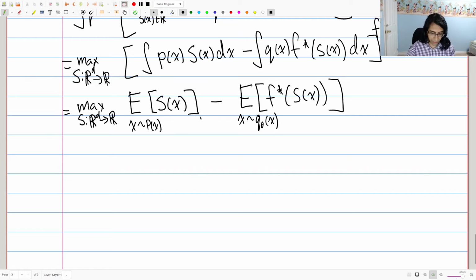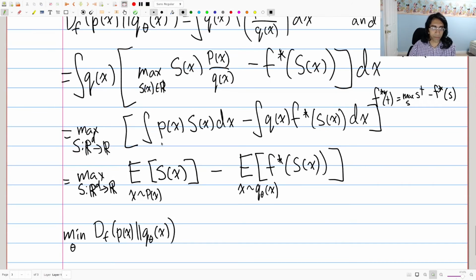So let me try to write this. Let's take a step back and look again at our optimization problem. We are really trying to find the parameter vector theta which makes these two densities as close to each other as possible, while using the derivation we did here, where we took the Fenchel conjugate of f and did it again.